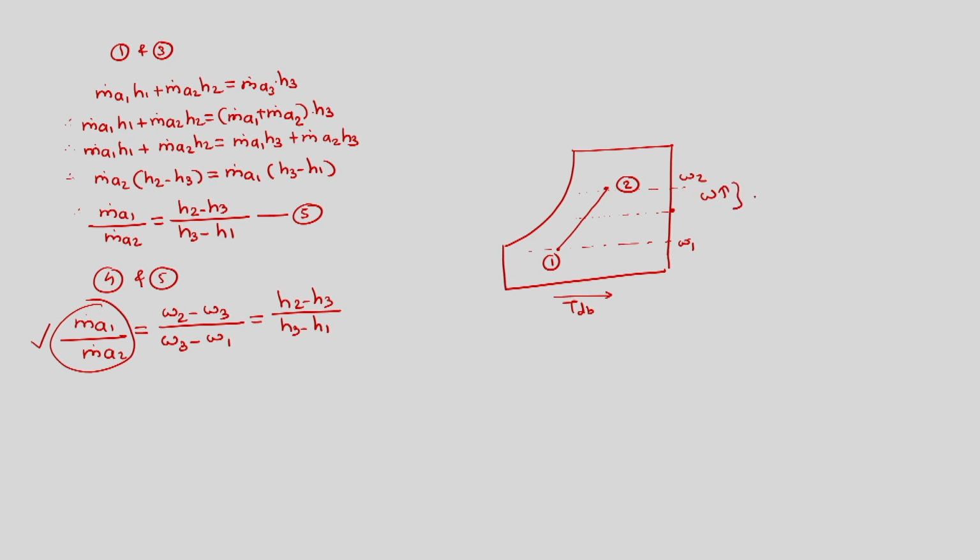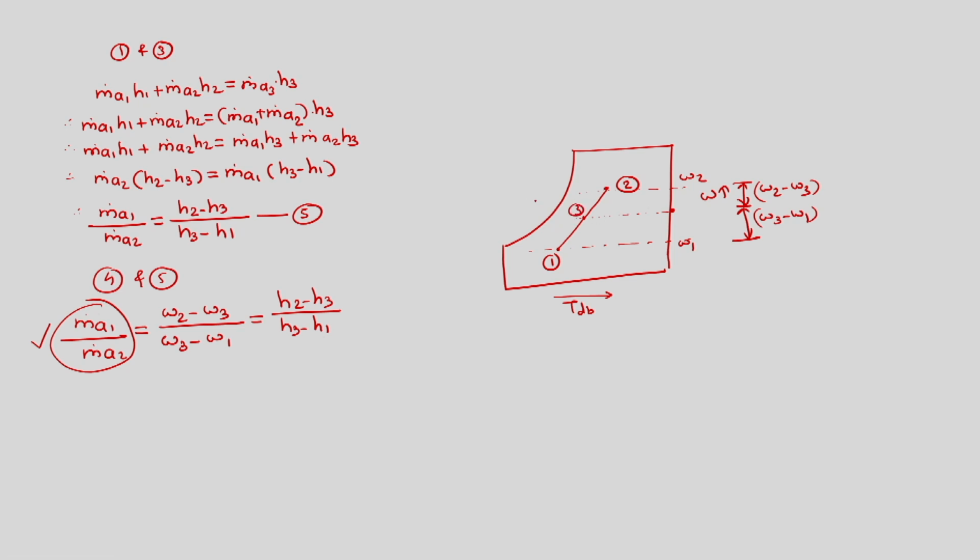So this height over here is omega 2 minus omega 3, and this height over here is omega 3 minus omega 1. We will cut this straight line where the ratio of these differences is equal to the known left hand side, and then we can know the state 3.